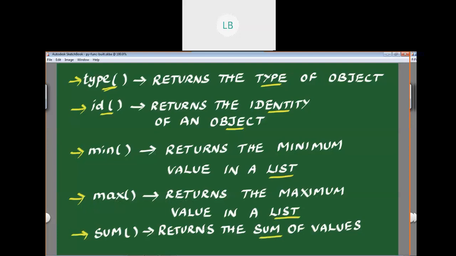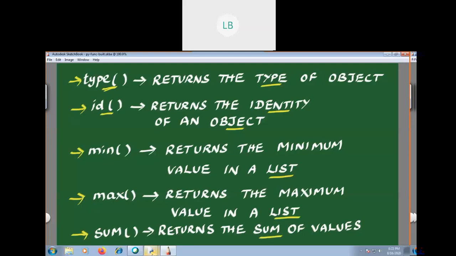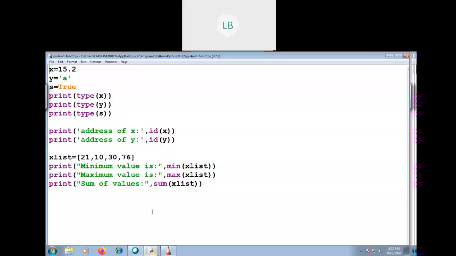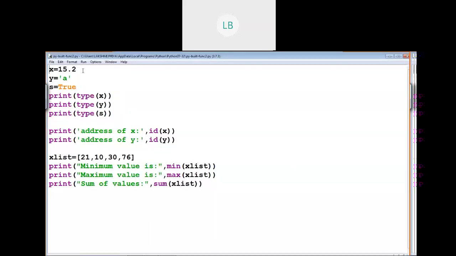Let me give an example for these functions. You can see here we have variables x, y, s. 15.2 is assigned to x. A character is assigned to y.